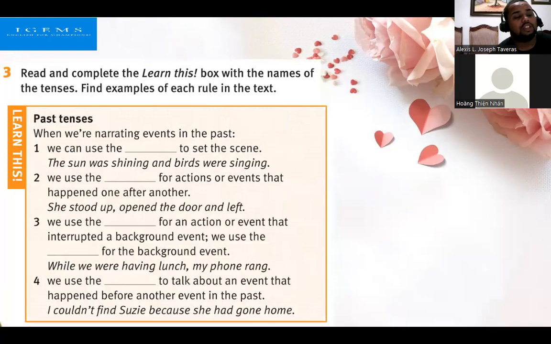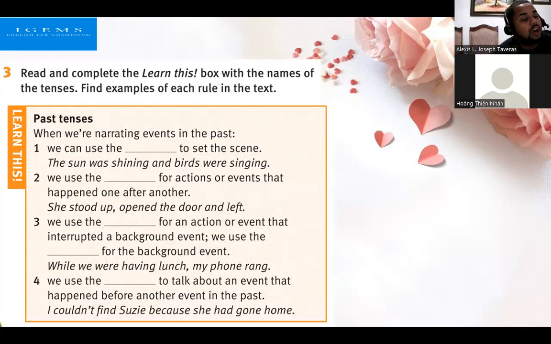So look at there. We're going to do exercise number 3, as you already understand the activity. That's easy for you. We are going to read and complete the Learn This box with the names of the tenses. So I want you to help me find examples of each rule in the text.